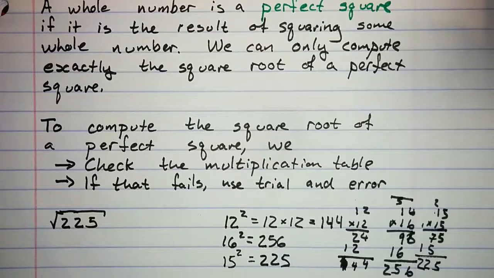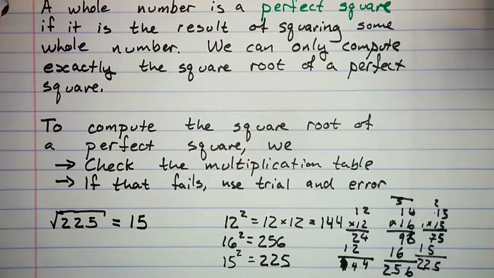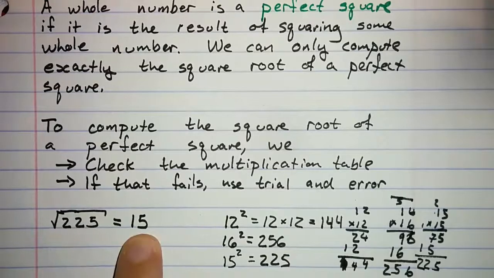Oh, that's it. The square root of 225 is 15. Notice, we are evaluating this square root. Just like we stop writing the second power after we actually square the number, we stop writing the square root after we actually take the square root.